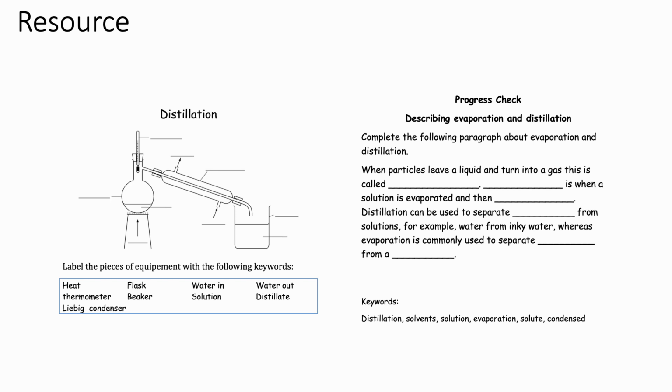So obviously this diagram here helps paint a picture of how distillation works. You need your thermometer, your Liebig condenser, your beaker, things like this. This resource also, in my opinion, helps address the misconception that water flows through the condenser and not around it.